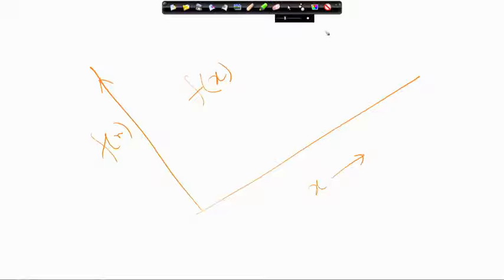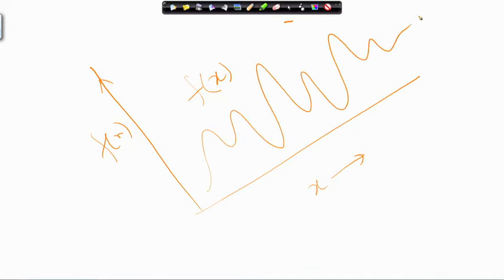Now suppose the value of f(x) varies with x in this form. It takes a form like this, and as x varies, it has many values.